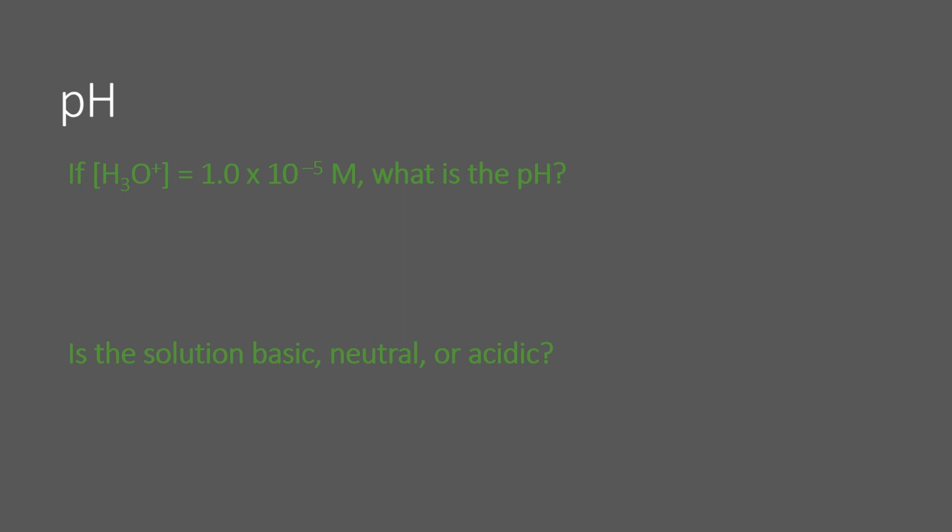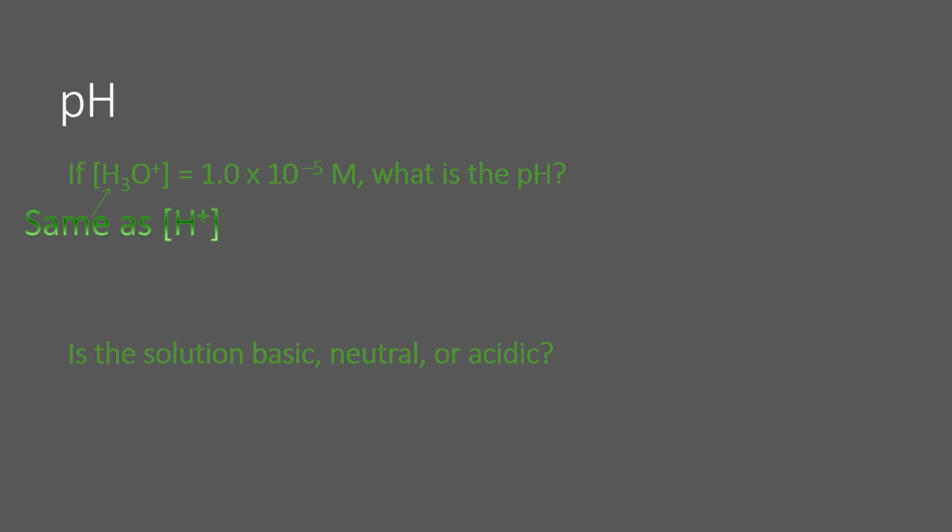This acid has a hydronium ion concentration of 1.0 times 10 to the negative fifth molar. What is the pH? Remember that H3O plus is the same as H plus.